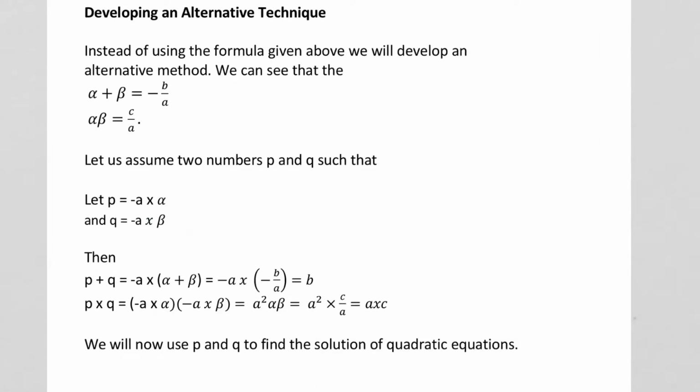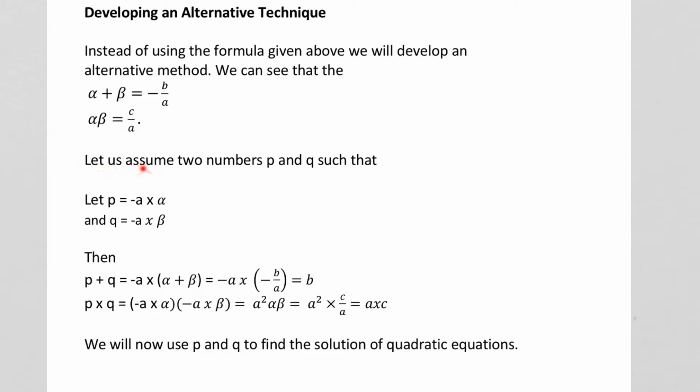Now let's develop a new technique as follows. The sum of roots alpha and beta, as is well known, is equal to minus b over a, and alpha and beta product is equal to c by a.